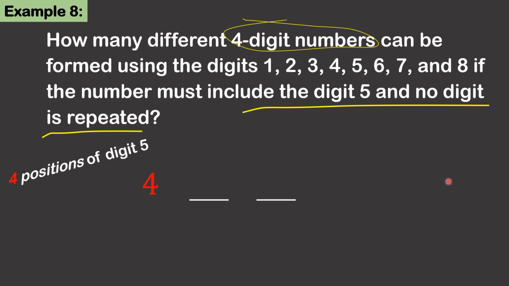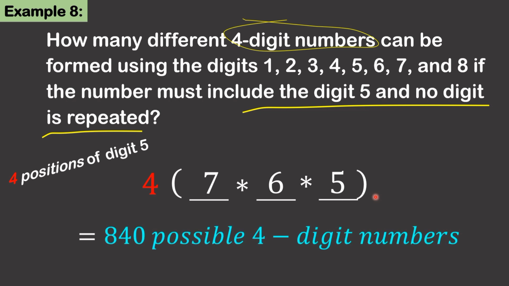We need to choose 3 out of 7 digits. 7, then 6 for the next, and then 5 remaining choices for the last digit. Therefore, there are 840 possible 4-digit numbers in which the number must include the digit 5 and no digit is repeated.